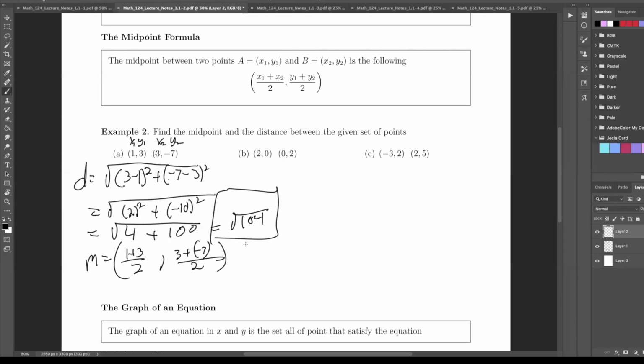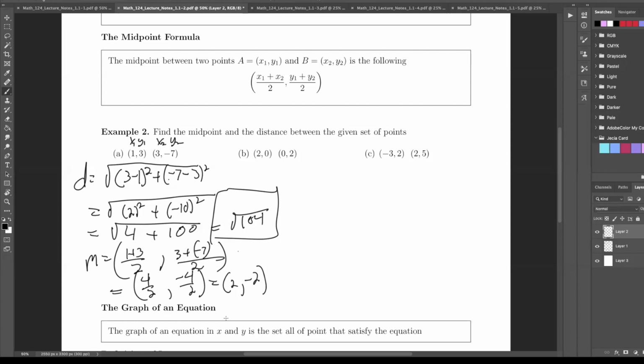Well, 1 plus 3, let's not skip steps, is 4 divided by 2. 3 plus a negative 7 is the same as 3 minus 7, which gives us negative 4 divided by 2. Dividing 4 by 2 gives us 2, and negative 4 divided by positive 2 gives us negative 2. So that's our midpoint.